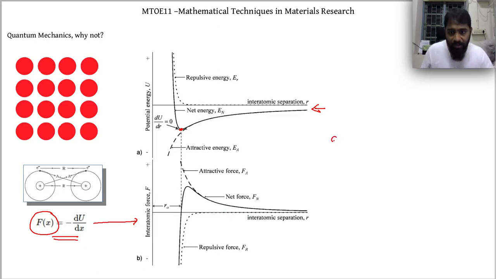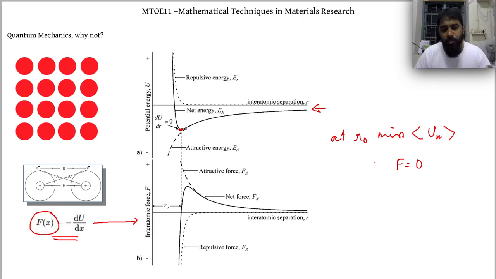And at r0, my stable interatomic distance, my potential energy is the lowest. We have the minimum potential energy, so that means my force is going to be 0. Ultimately, the stable interatomic distance is the one where the atoms experience no net force.